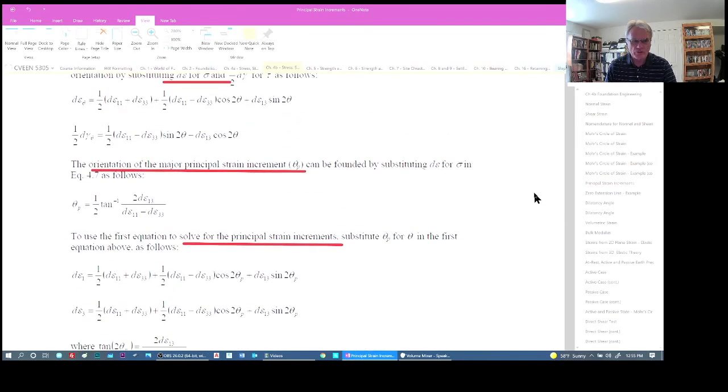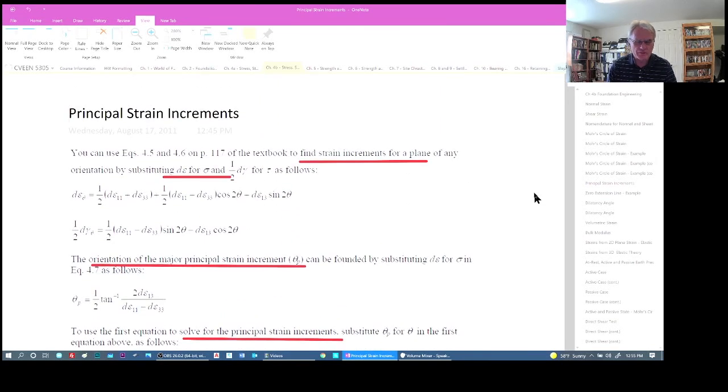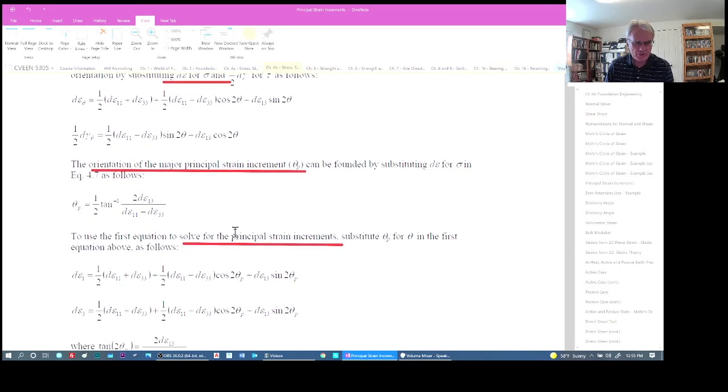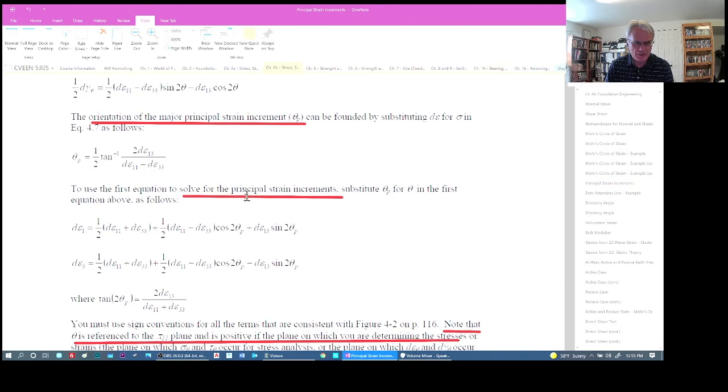If you want to know the equations for this, this is coming from Salgado, and you can come in and calculate these for any plane that you want, and also you can calculate the orientation of the major principal strain.